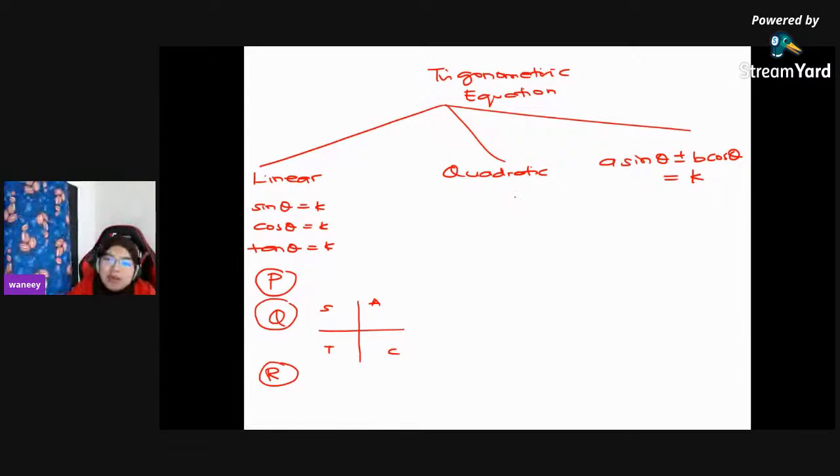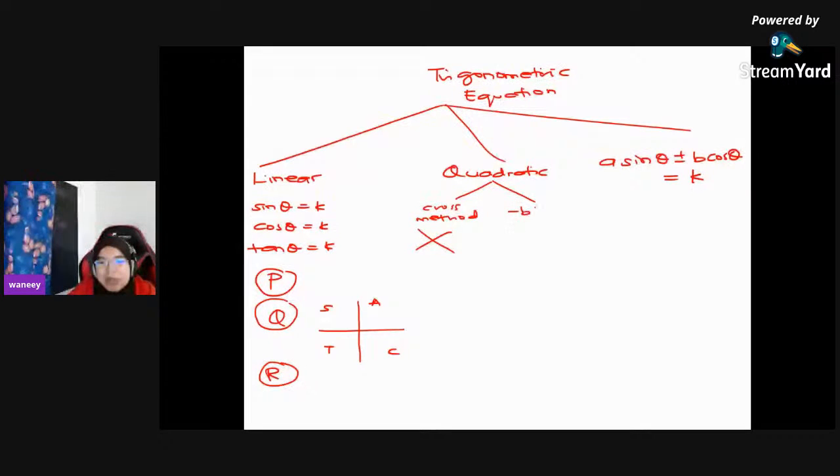If you have something with a quadratic, make sure to factorize it. You have two methods to factorize. You can either use the cross method, which some people might call the butterfly method, I don't know why. Another one is negative b plus or minus square root of b squared minus 4ac over 2a, the quadratic formula.